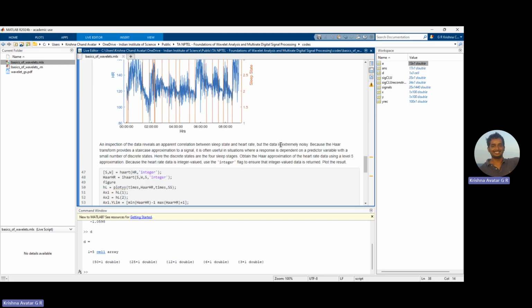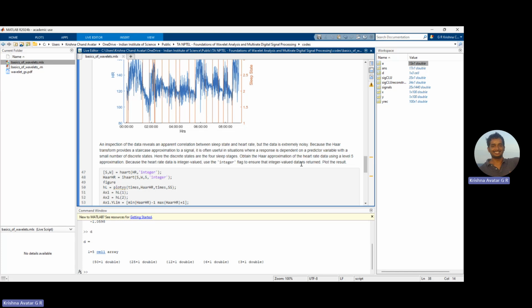However, the data is quite noisy. The Haar transform is often useful in situations where a response is dependent on a predictor variable with a small number of discrete states. And here, we have discrete states for the 4 sleep stages.